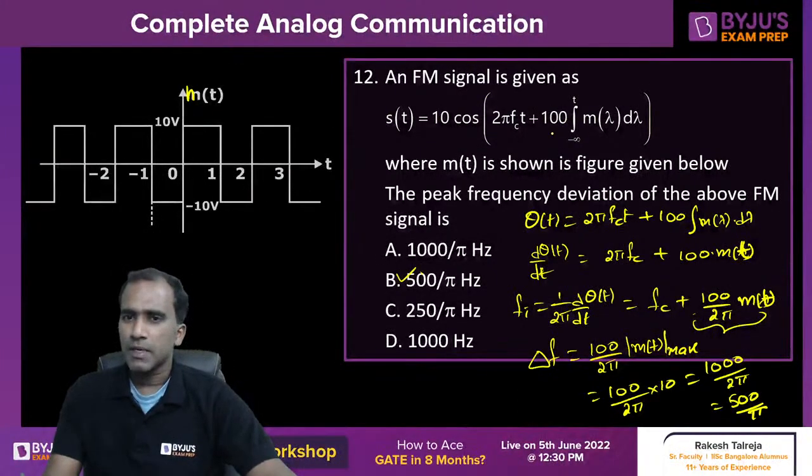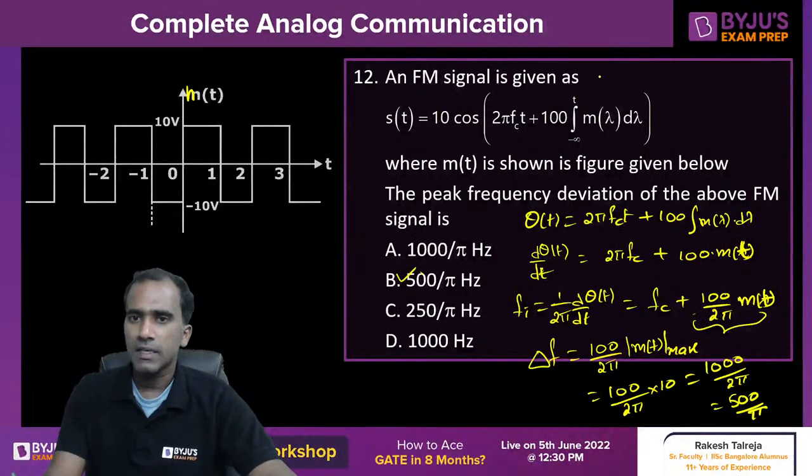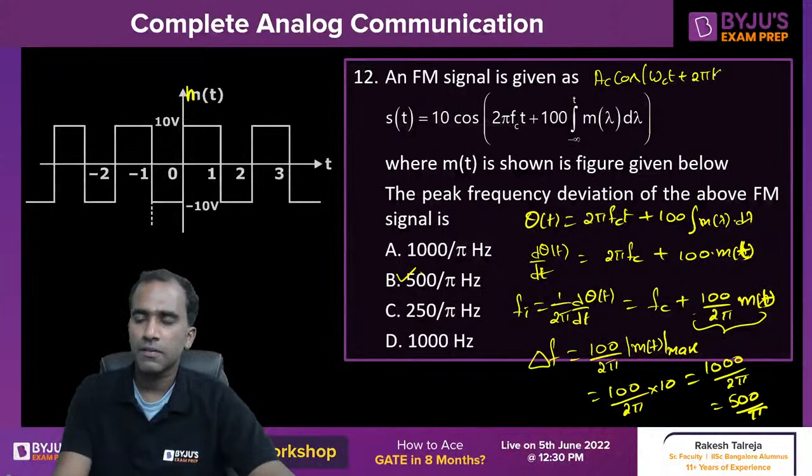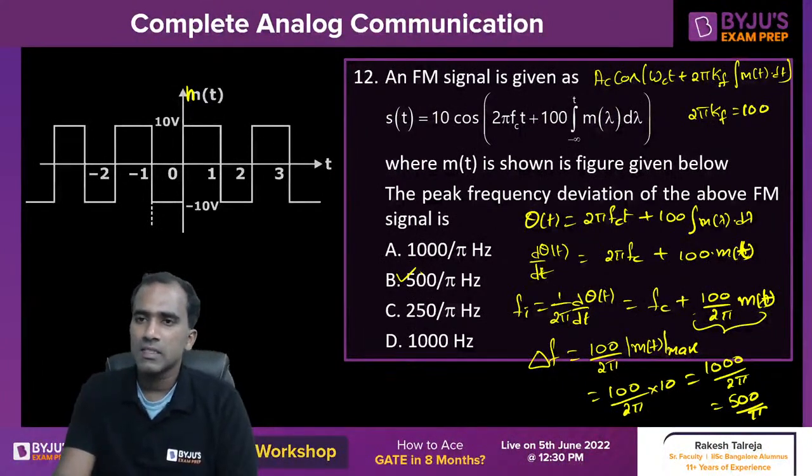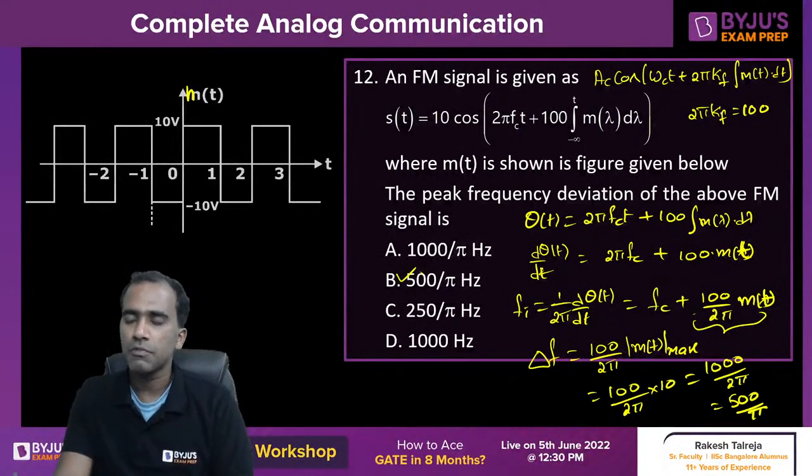Right. For this question particularly, if you look at the general equation, Ac into cos of omega ct plus 2 pi kf times the integration of m of t dt, and compare with it, you can observe that 2 pi kf is 100. In this question it is possible, but if it is more complicated, then simple comparisons will not help.